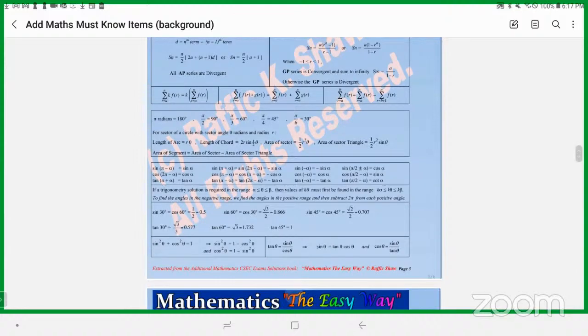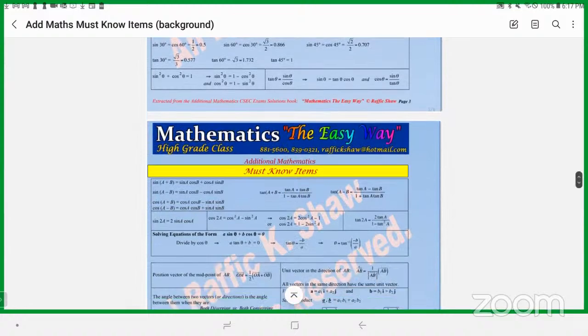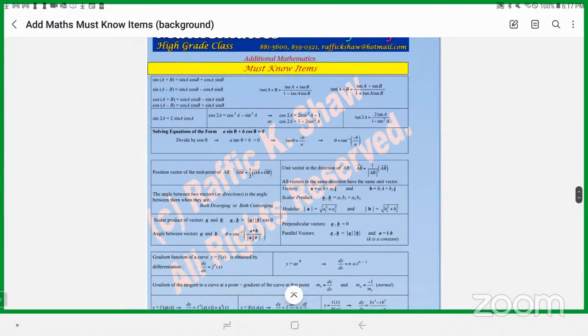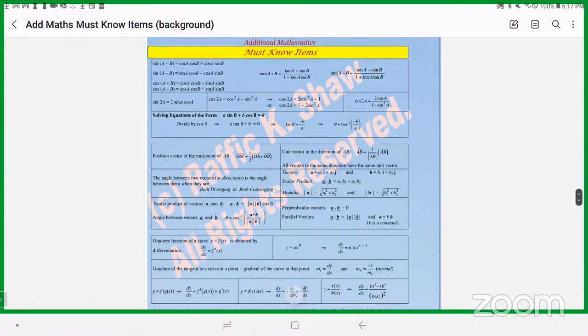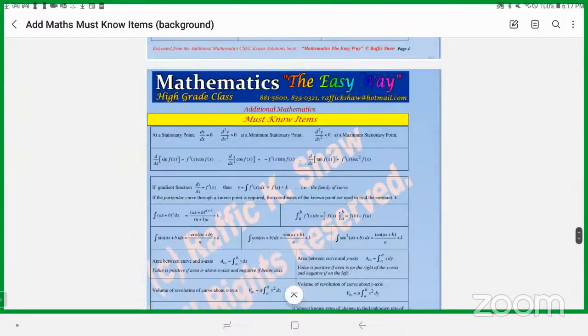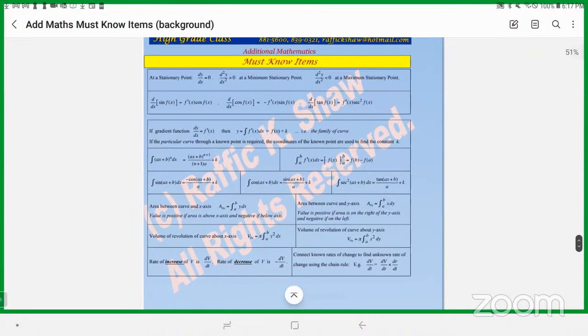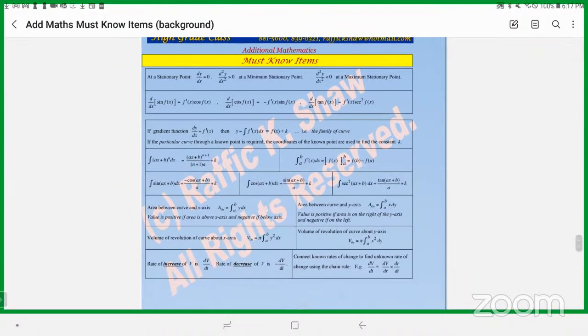And this is another page. So more trigonometry here. And then there's also some vectors there. All right. And then starts differentiation down at the bottom. Some stuff that you should know. Next page, differentiation continues. The next page, and it goes into integration.